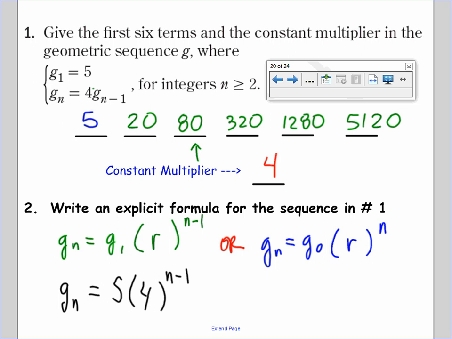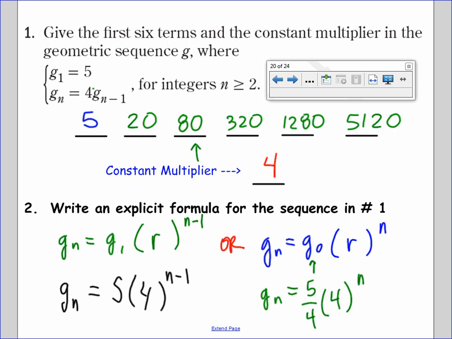So this works. However, I could also do g sub n equals the 0th term. By counting backwards, I'd have to divide by 4 to get the 0th term. So 5 divided by 4 would give me 5/4, times quantity, 4 to the nth power.